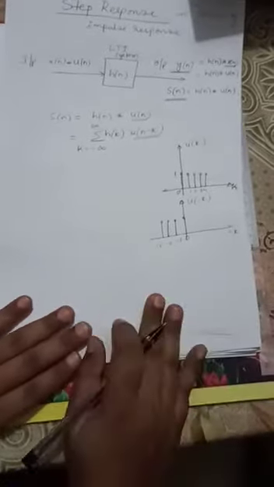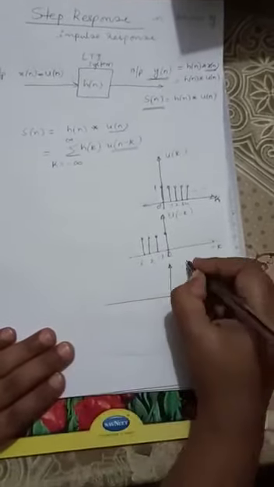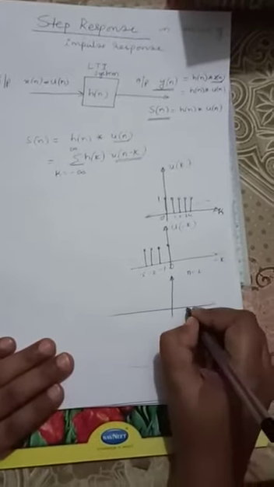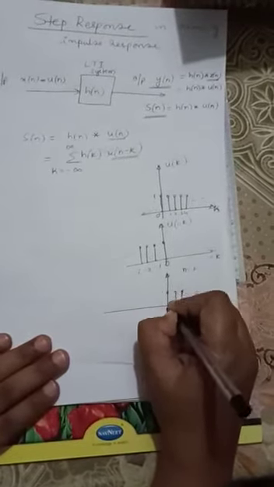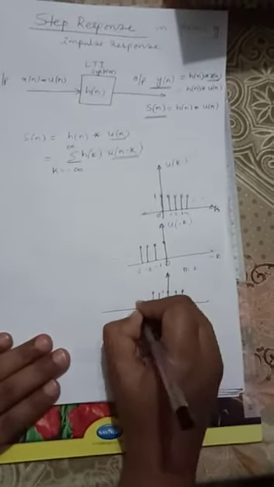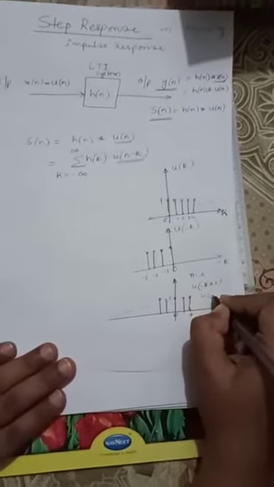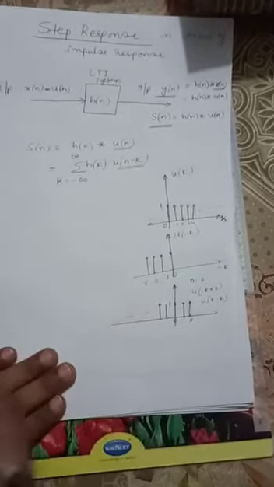Now what happens if I shift this by n equals 2, for example? Your signal will be shifted up to here, isn't it? And we name it as u of minus k plus 2, or you will just write u of 2 minus k. If it is a positive value, the signal is shifted right, and for a negative value it will be shifted left.